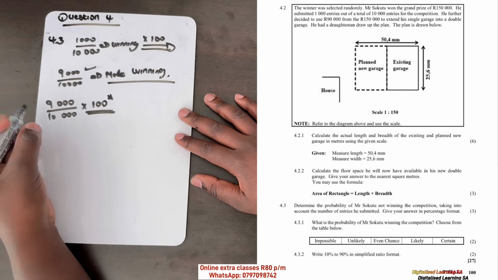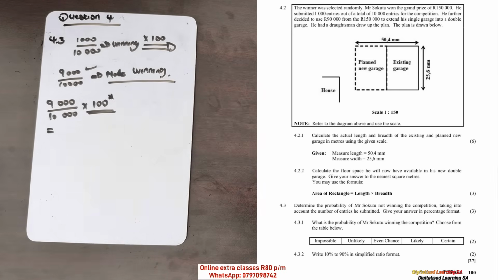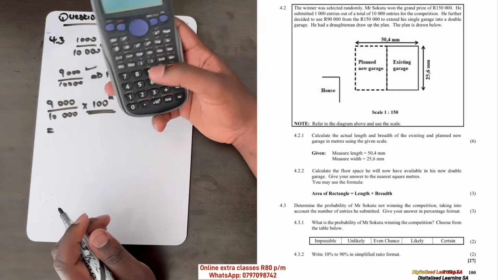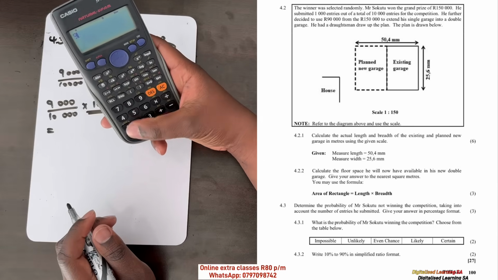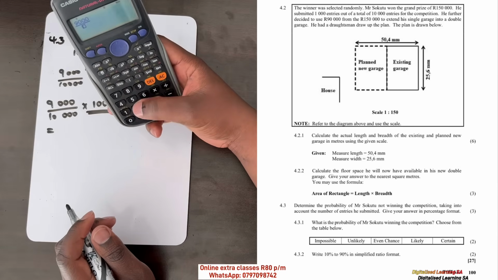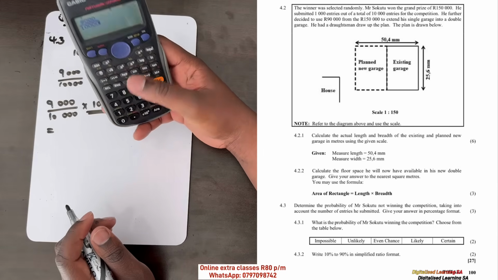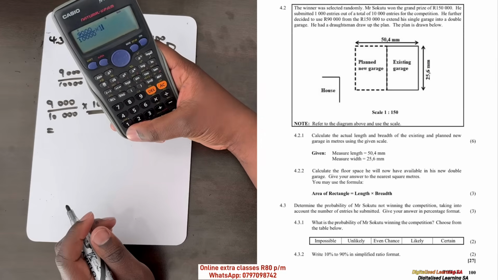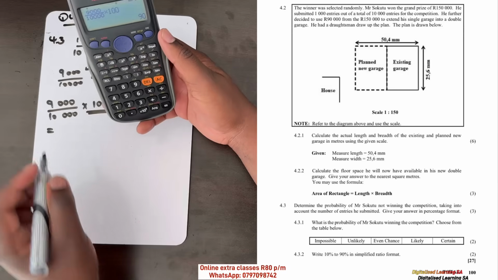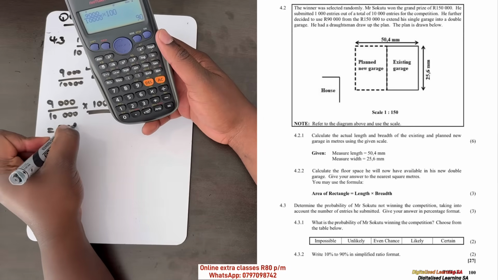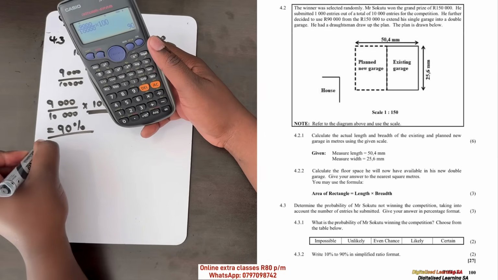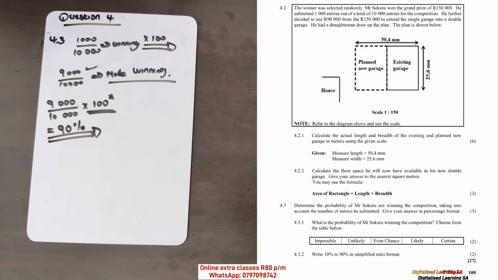Keep that in mind. So the probability of him not winning is 90%. So chances are you wouldn't win the grand prize.